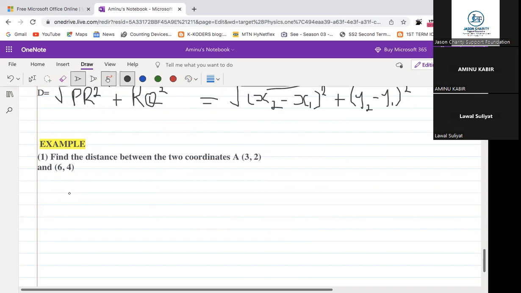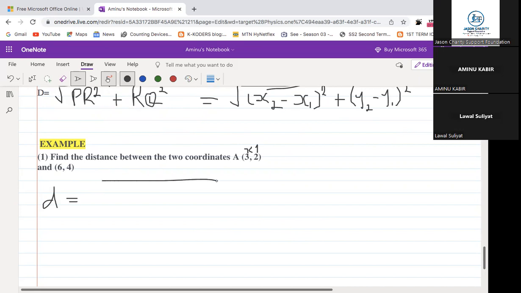To solve this problem, we're going to use the distance equation that we got earlier. So D is equal to, and don't forget, this is our x1 and this is our y1. So this will be our x2, this will be our y2.